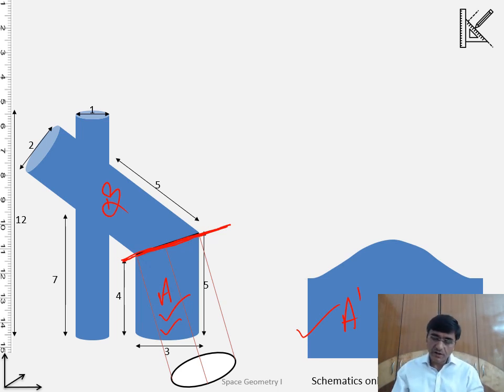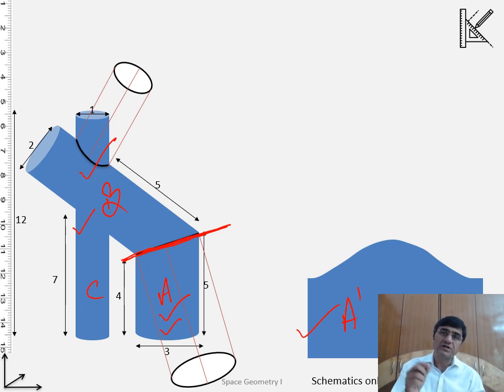How about cylinder B? If you talk about cylinder B, it is being cut by cylinder C in two places, here and here. So where the cylinder C is piercing cylinder B, what is the shape there? Can we note that shape? Can we measure that shape? Can we determine that shape? Alright, what I'm doing is again generating a schematic of that shape, which is again an ellipse here.